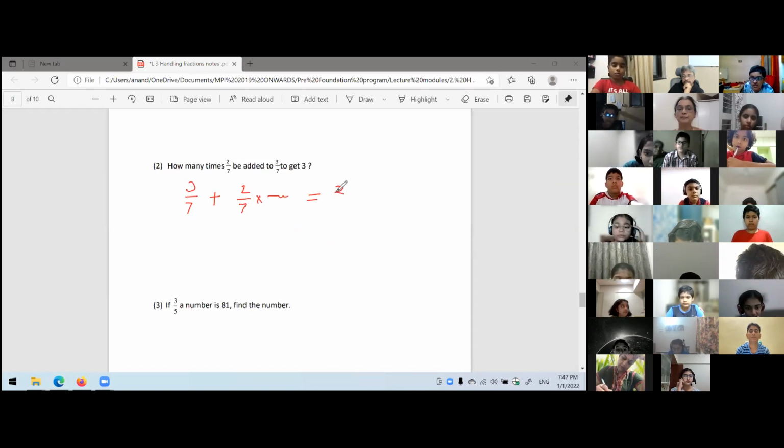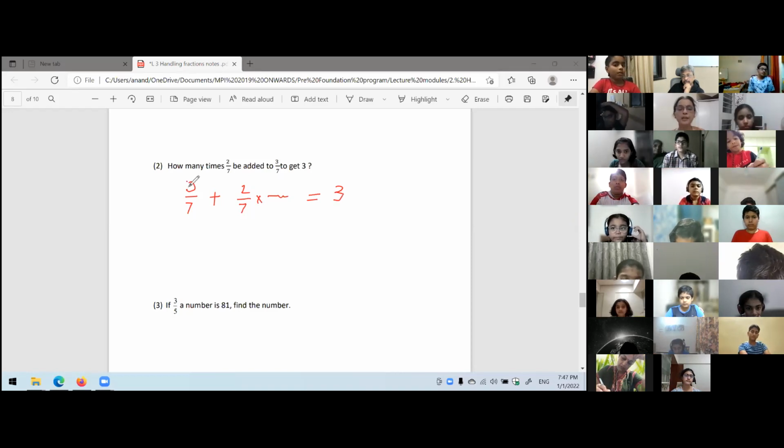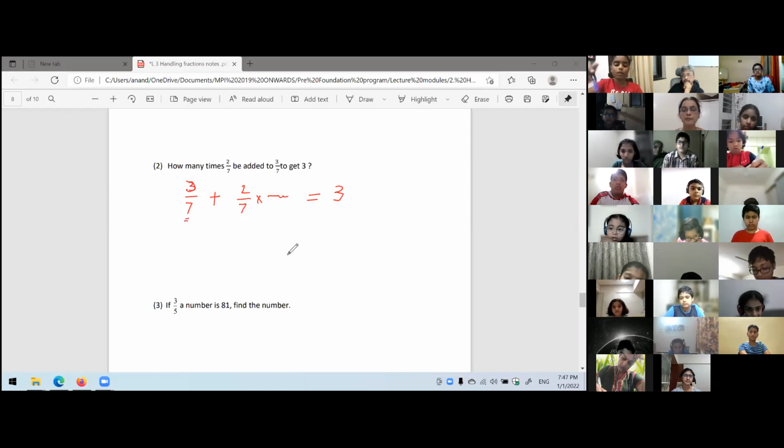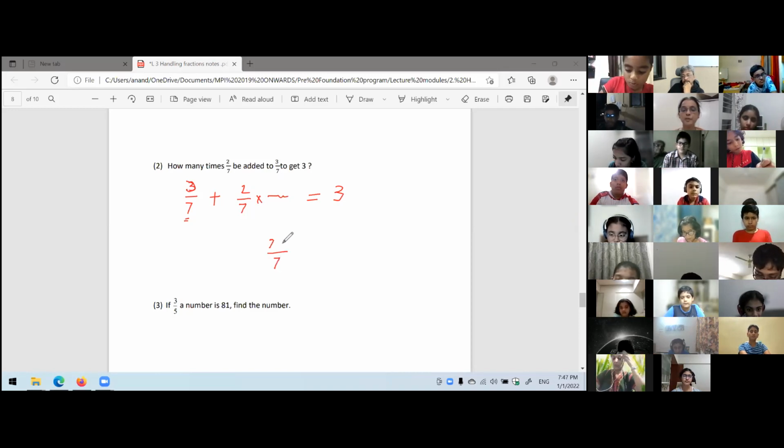Please look at this question very carefully. I cannot change the denominator. My denominator is 7. And when my denominator is 7, when will my answer come 3? When my numerator comes 21. Answer will be 3.